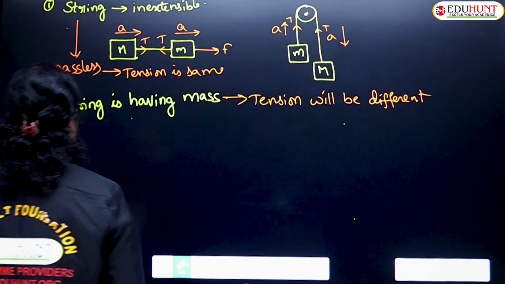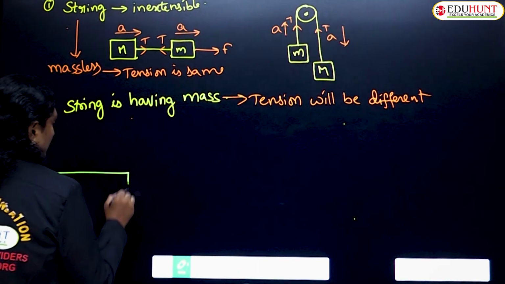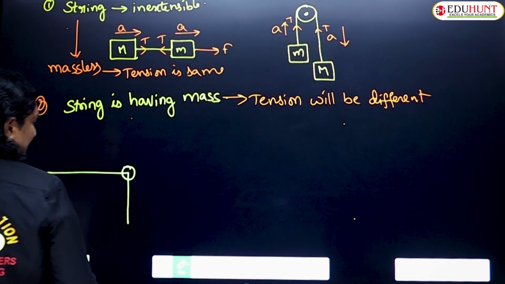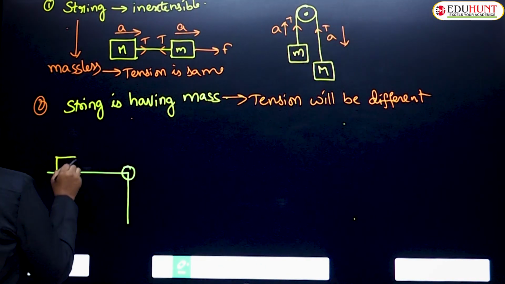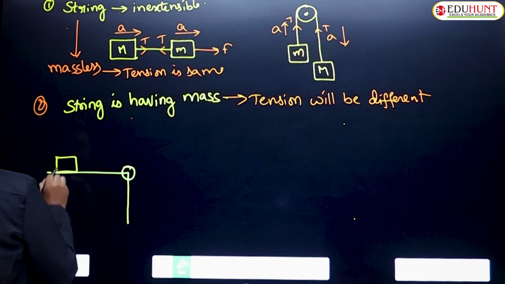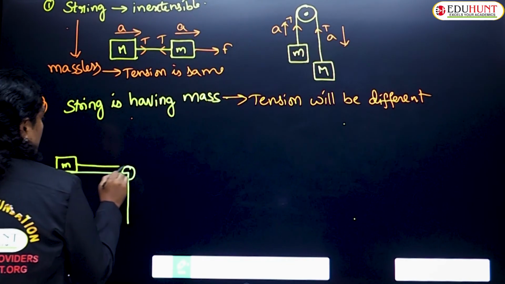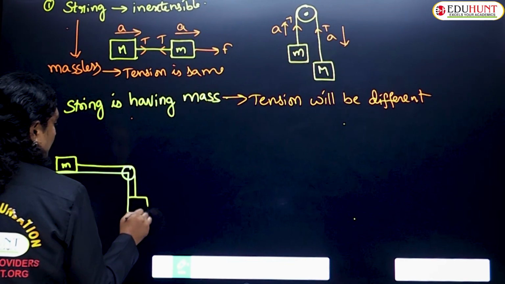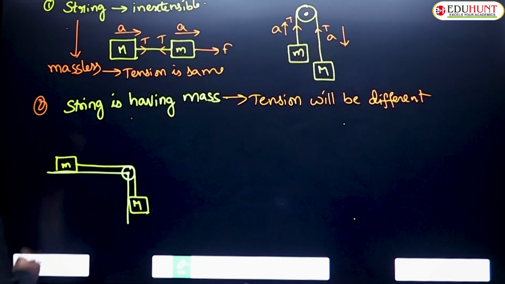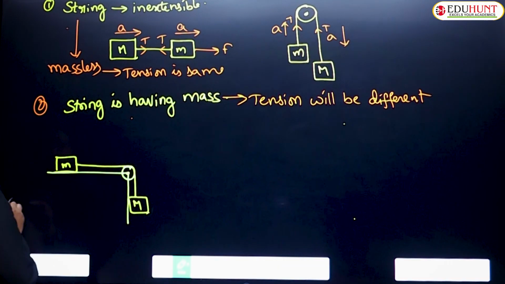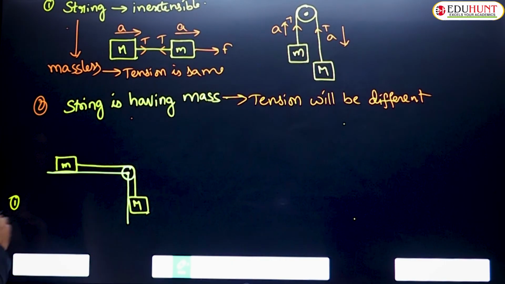Again, let us consider a table to which a pulley is attached and masses are kept here. First mass, say M, is attached to another mass, capital M, with the help of a string. Case 1: the string is massless.